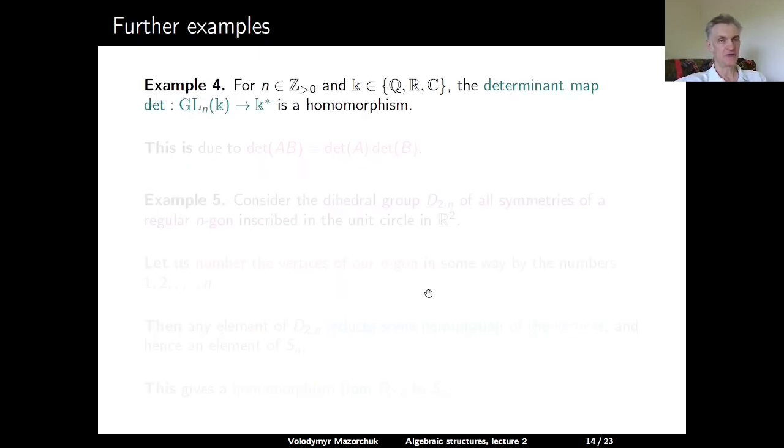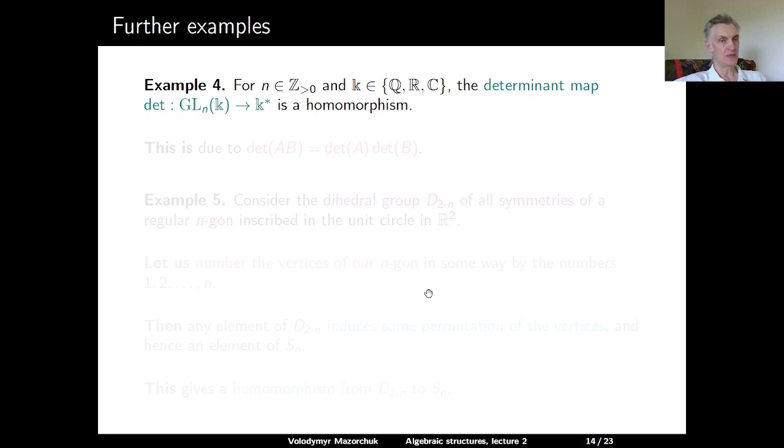Let n be a positive integer and K be one of the sets of rational, real, or complex numbers. Then we have the determinant map from the group of all invertible n times n matrices over K. So this is a group, GL_n(K), the general linear group over K of size n.